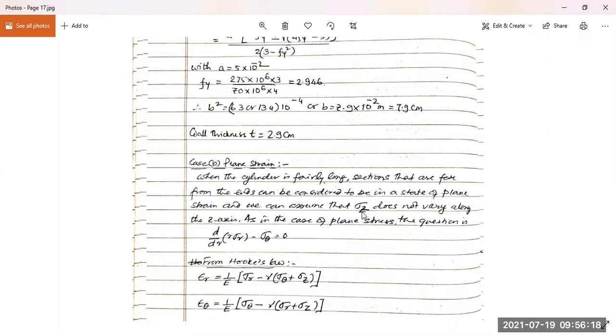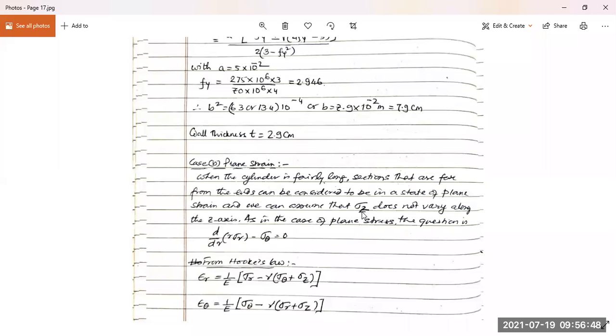So what we do in the case of plane strain, as in the case of plane stress, the equation is d by dr of r sigma r, the rate of change of r times the radial stress sigma r, where r means the radius, minus the circumferential stress sigma theta is equal to 0. There is no other component anywhere like this.